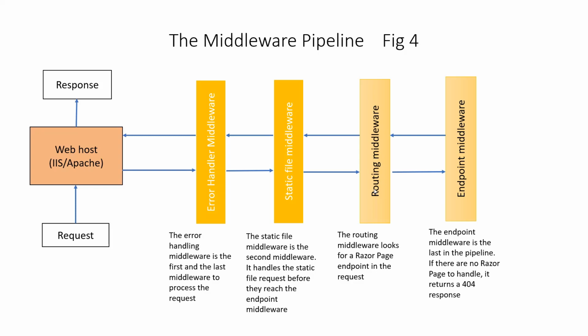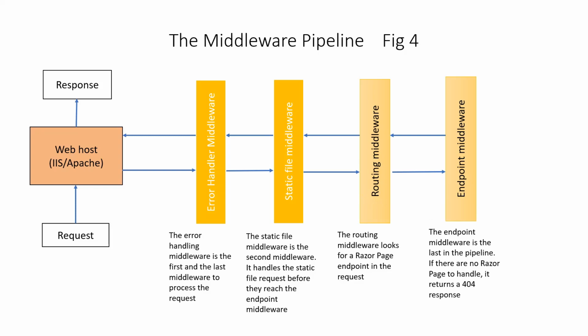So it looks for a razor page in the route. And finally, it sends the request to the endpoint middleware, which is the last in the pipeline. So if there is no razor page to handle, as found by the routing, it returns a 404 response. Okay.